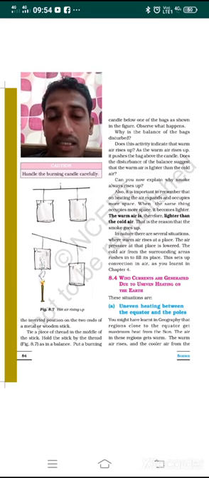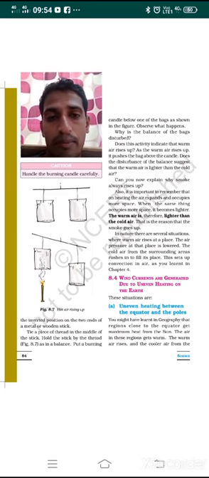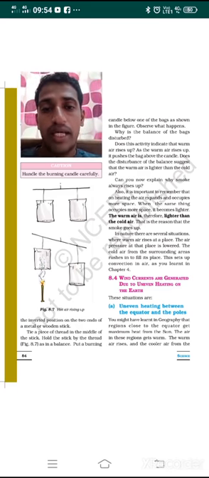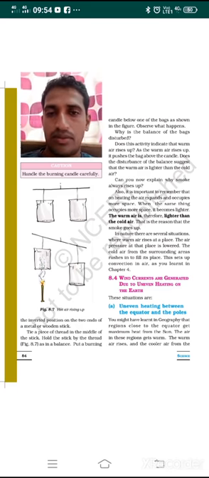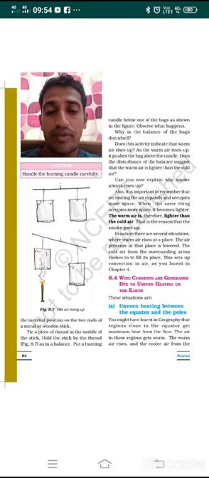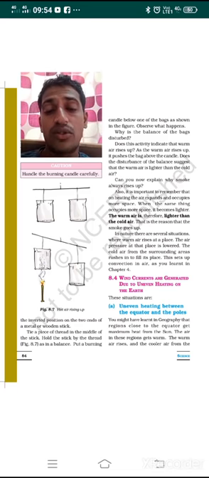Why did this imbalance in the two paper bags happen? It is an indication that warm air rises up. When you put the candle flame under one of the paper bags, the air just above the flame gets heated up and becomes warm. That warm air always tries to rise up.